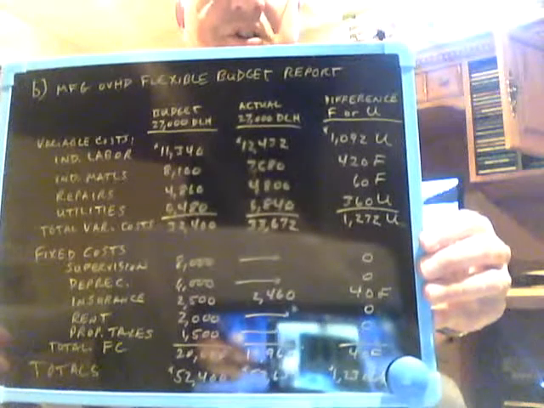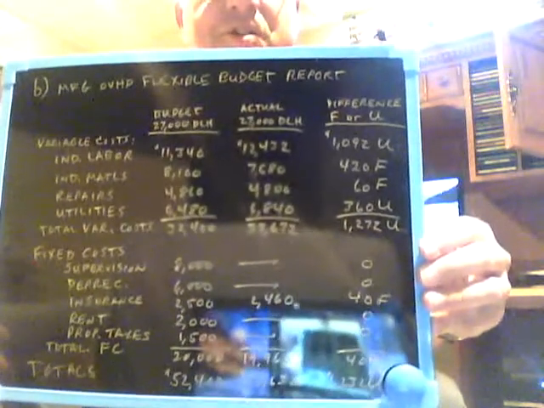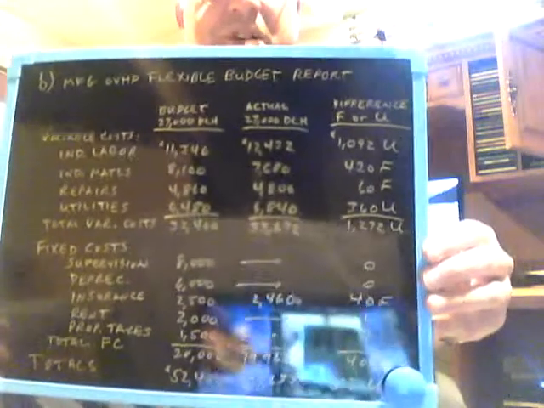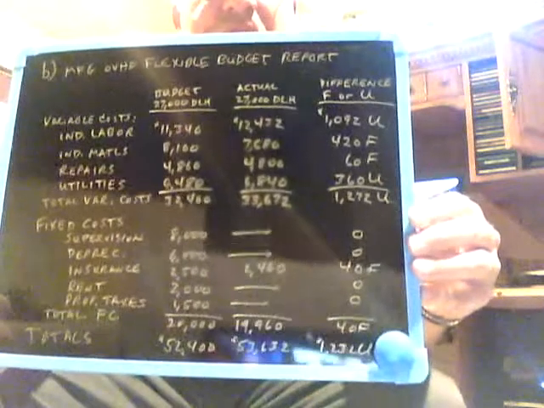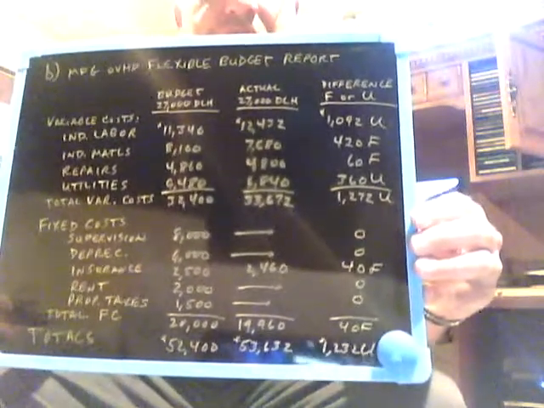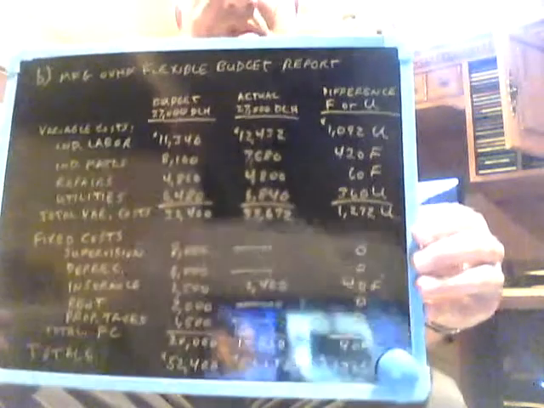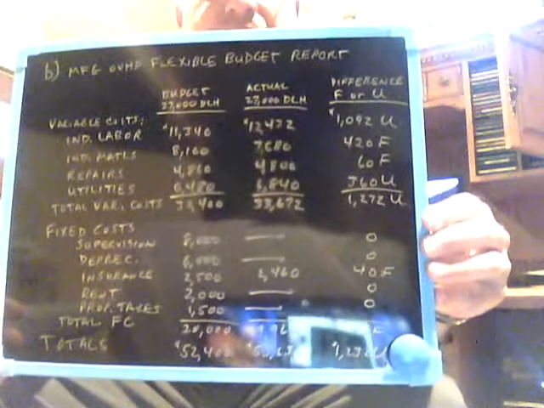So we already know what our variable and fixed costs are at 27,000 direct labor hours because we went through that exercise with the budget. So we can simply carry those figures over from that 27,000 hour level as our budgeted amount, to which we compare the actuals, which were given to us and shown in that actual column.